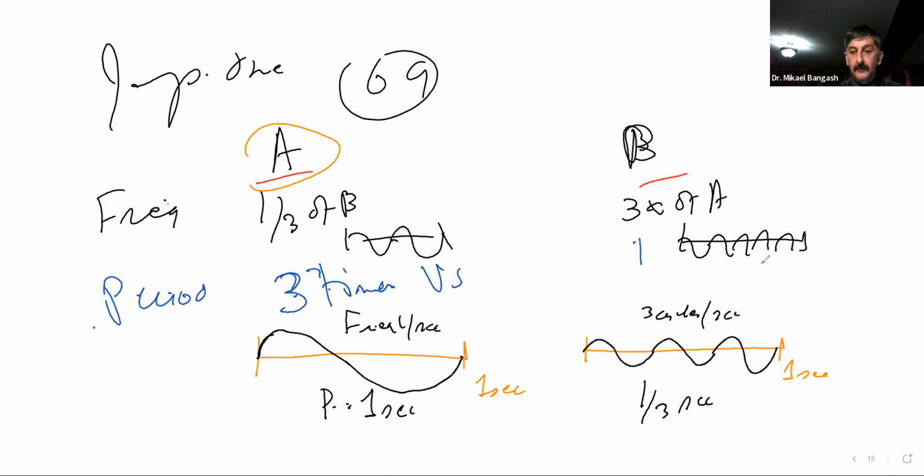Which means the period would have been 1/6 of a second for B, and here half of a second, where half is 3 times bigger than 1/6.